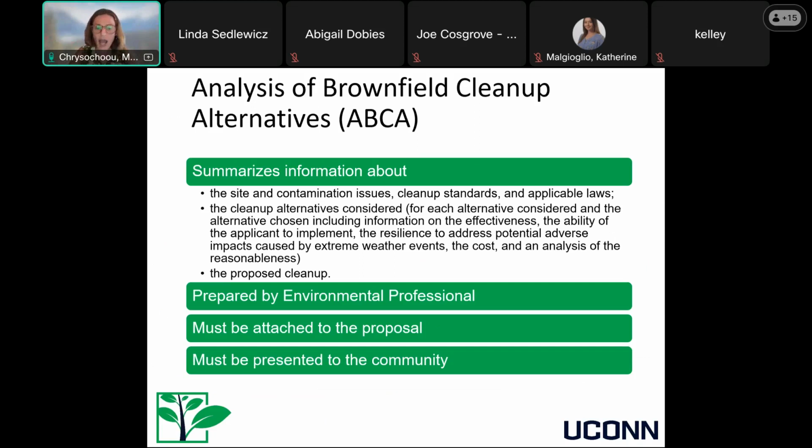Okay, if you have a RAP, what you can do is talk to your environmental professional, and they will prepare this ABCA for you. This is not a document that you can prepare on your own, so you need to work with your environmental professional to have that document. And they will usually charge you something for it, so it's something that you have to factor into your preparation process right now. This document must be attached to the proposal, and it must be presented to the community.